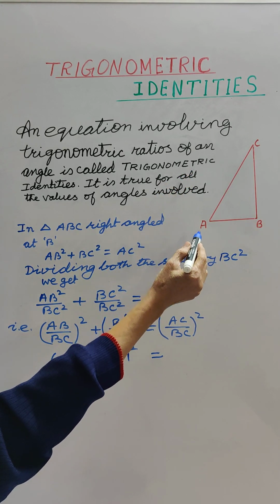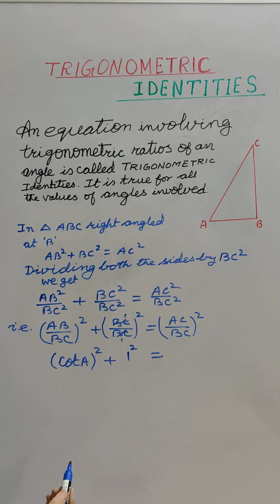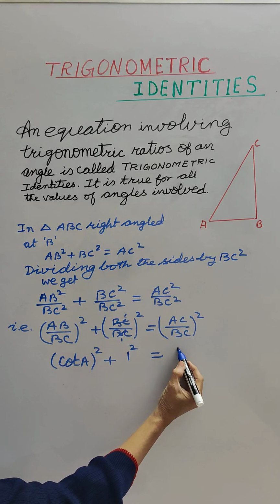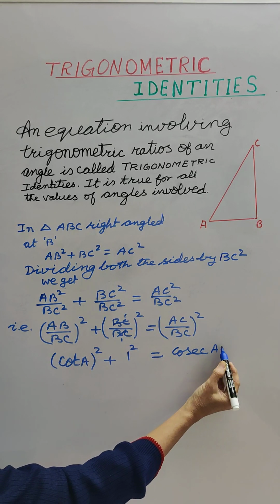AC is the hypotenuse and BC is perpendicular or opposite side. So hypotenuse upon perpendicular is equal to cosec A.